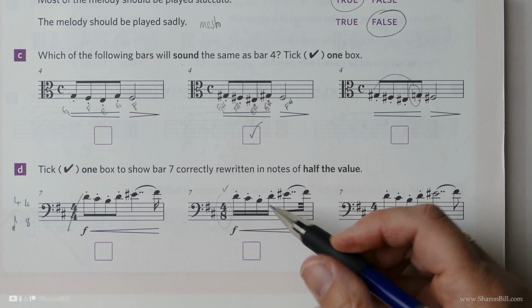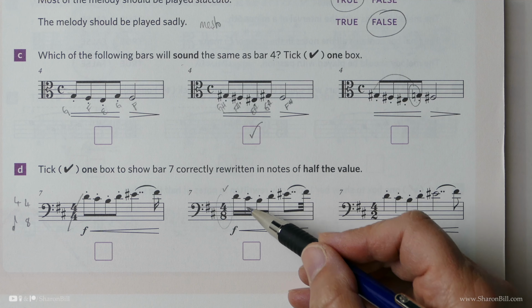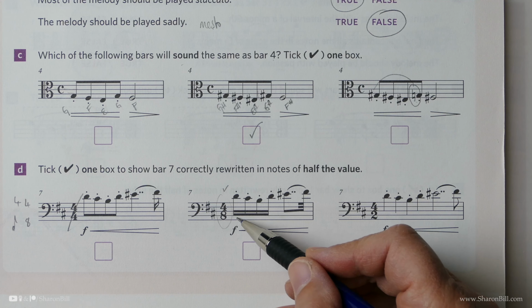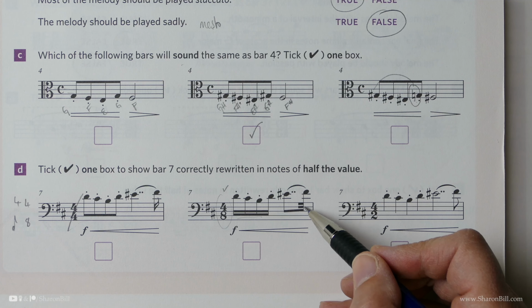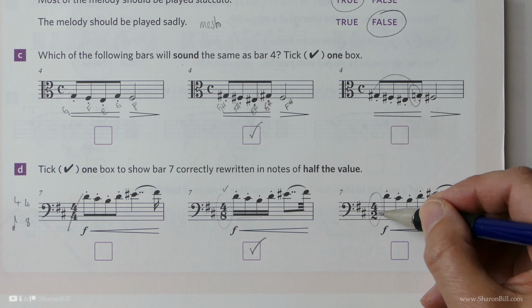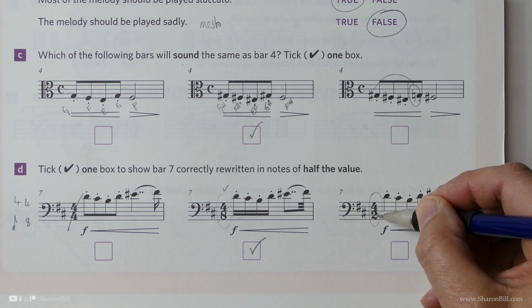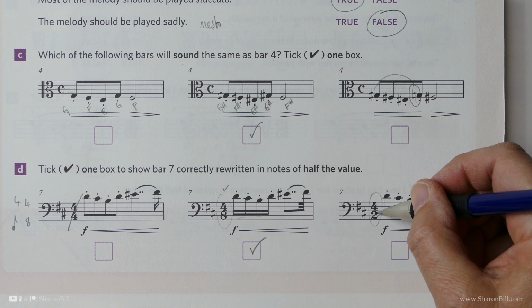We have the key signature. We have the notes placed correctly, and then we know we've got 4 semiquavers, a double dotted quaver, and a demi-semiquaver. That's the one that we want. This one, in actual fact, what's happened is everything's doubled, not halved. And so that's that page, nicely completed.